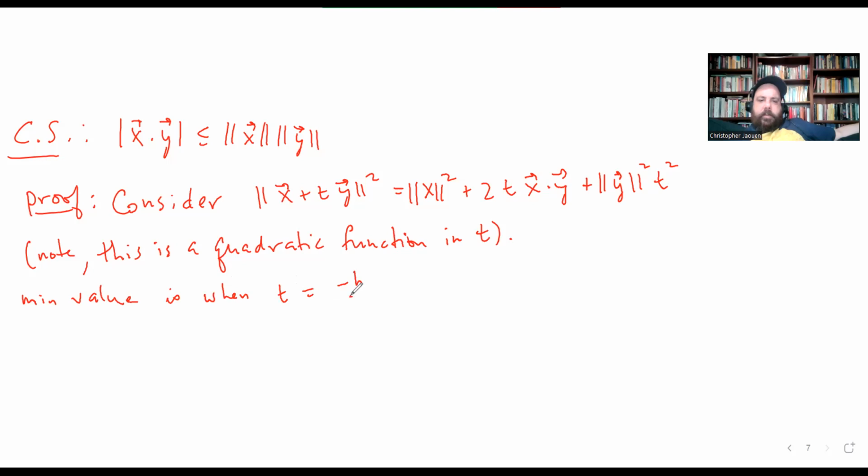If you remember the formula, negative b over 2a, right? B in this case is negative 2x dot y over 2a squared. A is the length of y squared. The 2's cancel.